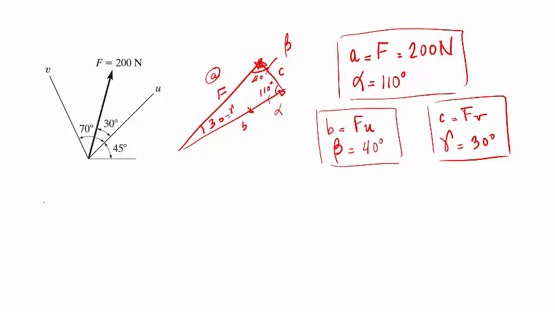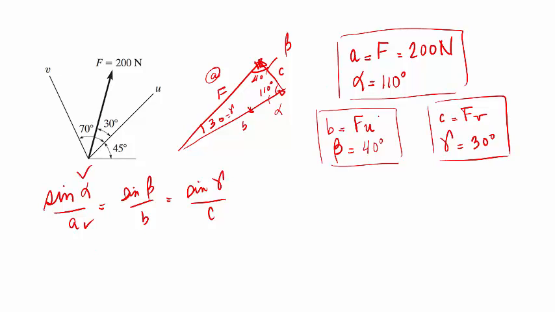Remember, with the law of sine and cosine in your list, we have it here, sine of alpha over A equals sine of beta over B equals sine of gamma over C. Okay, we have alpha and A, so we can find B and beta and this. So we can do it in two parts. So let's just do one, since this is just a review.